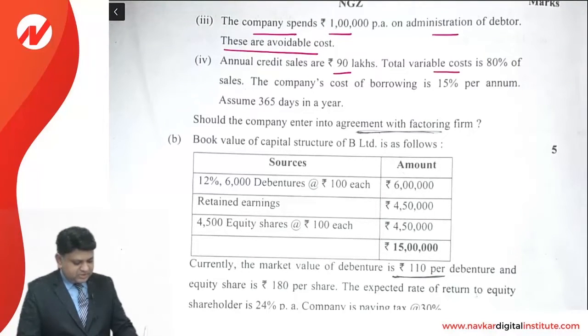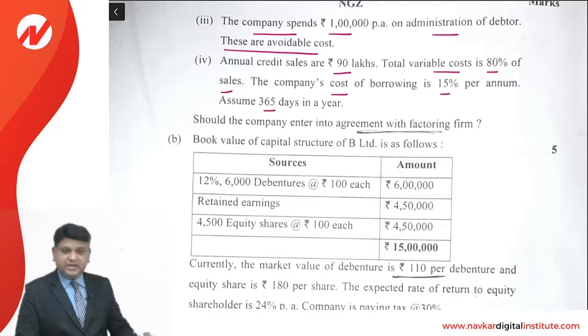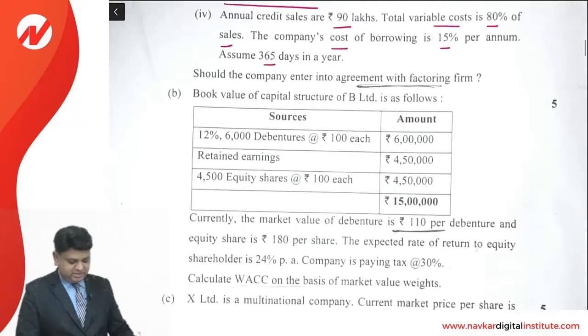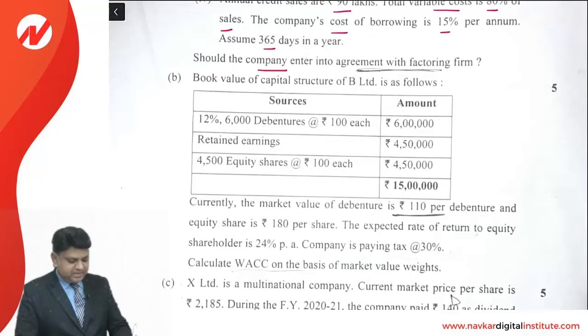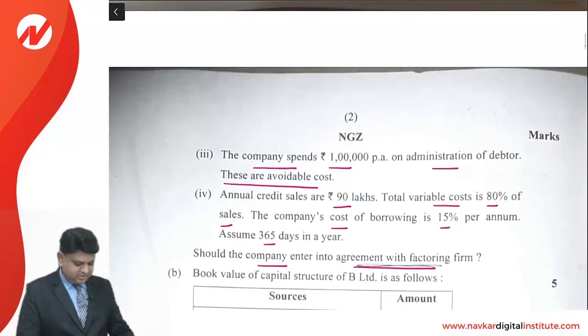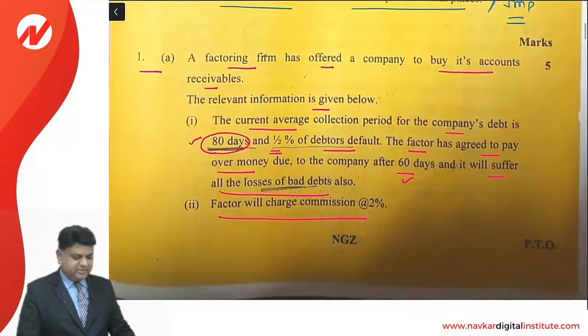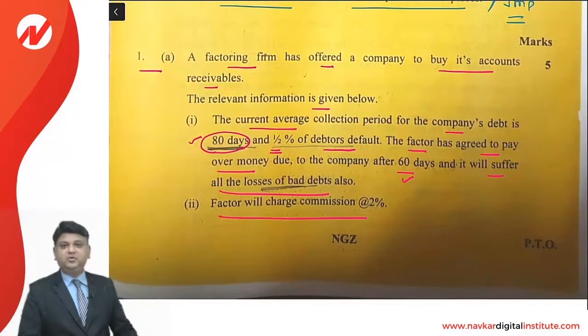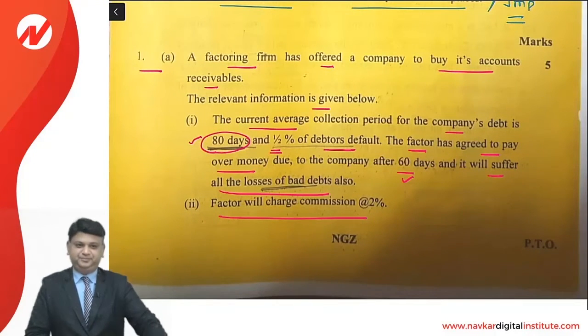Total variable cost is 80% of the sales. The cost of borrowing is 15% per annum. Assume that there are 365 days in a year. Should the company enter into agreement with the factoring firm? That is the question. So from this information we are required to decide whether to appoint the factor or not.